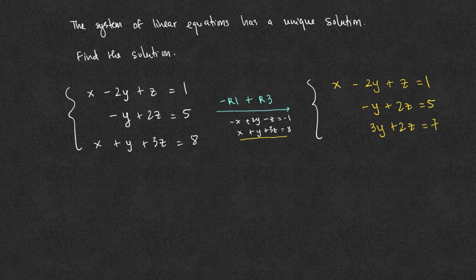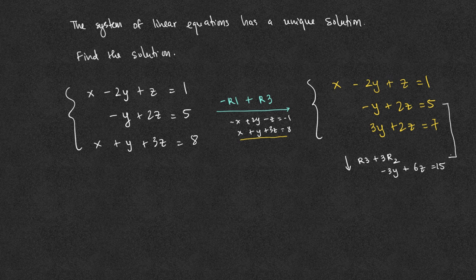We then perform a similar row operation to get rid of 3y in the third equation by taking the third equation, which is row 3, and adding 3 times row 2. If we multiply row 2 by 3, we will get negative 3y plus 6z equals 15.